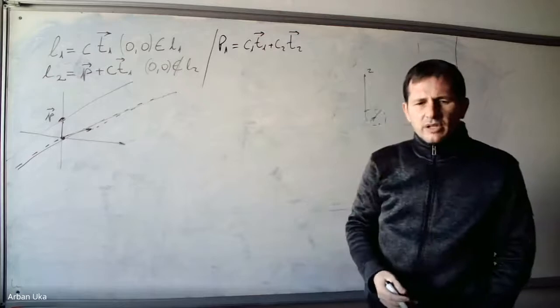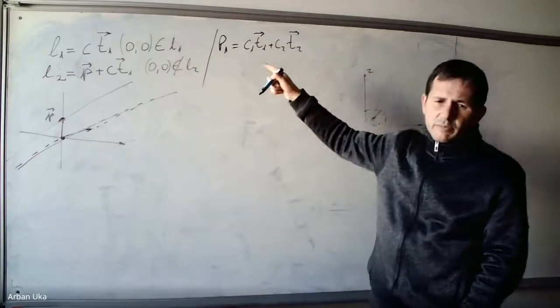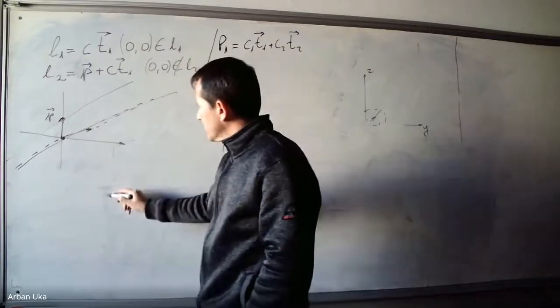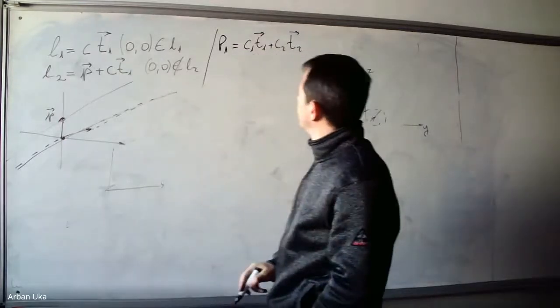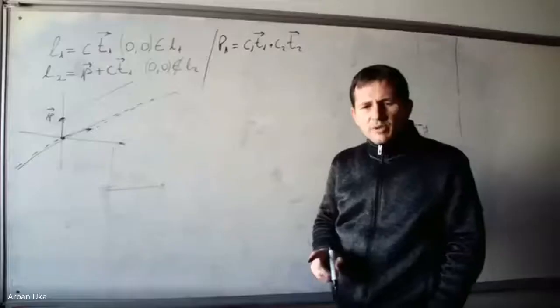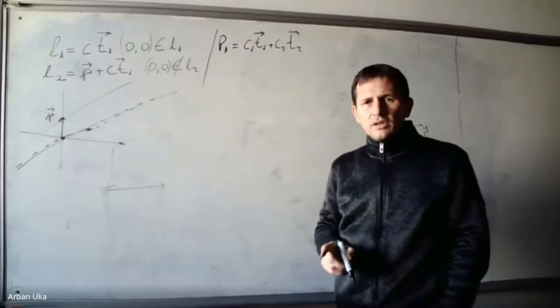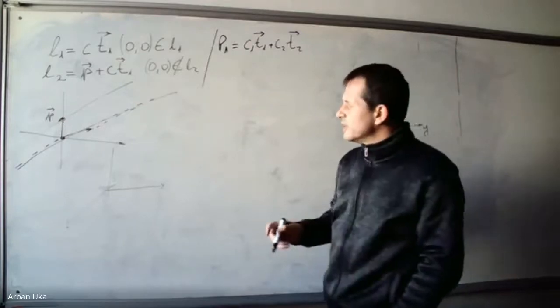And the question is, again, will this plane pass through the origin? What do you think? Yes, it does, because we are not excluding the option of C1 and C2 being zero at the same time. So it passes through the origin.